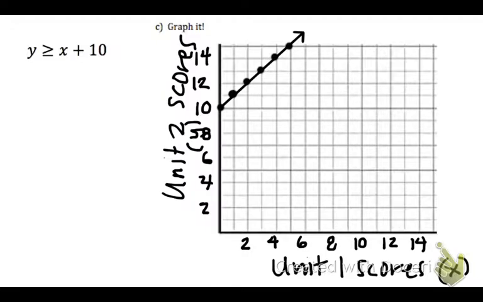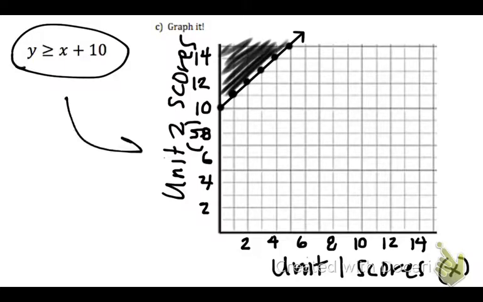Where do we want to show greater than or equal to? We want to show it above. So he'd be fine with all of these scores as well, but the very minimum is represented on this line, right? So I'm changing colors. This is the very minimum that he wants, but he'd be fine with all of this as well. Okay, so this is the equation, and this would be the graph that goes with it.